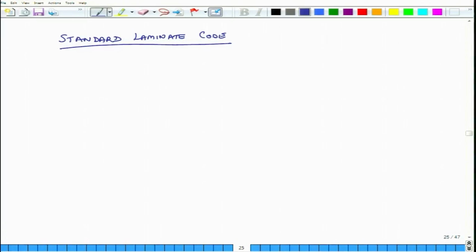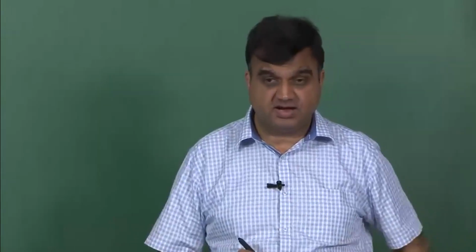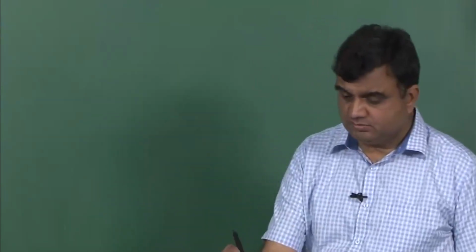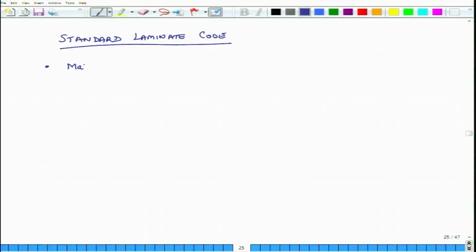The basic thing is that if nothing is specified and only angles are specified for each layer, then we assume that the material properties and thickness of each layer are the same. Unless specified, we just assume that. There are several points to be understood, and then we will do some examples.